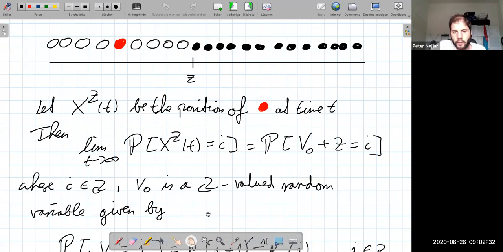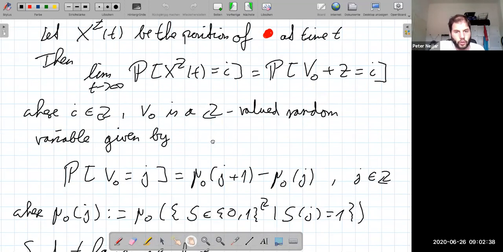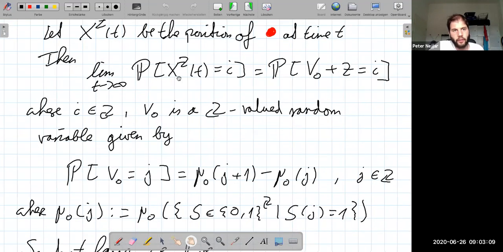V0 is an explicit Z-valued random variable, and its distribution is given as follows. The probability that V0 equals some integer j is given by a certain difference, namely the probability that the measure mu0 has a particle at position j plus 1 minus the probability that mu0 has a particle at j. Okay? So this is the limiting behavior of the second-class particle in this very, very simple case.